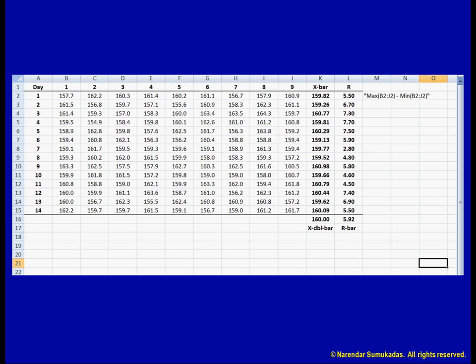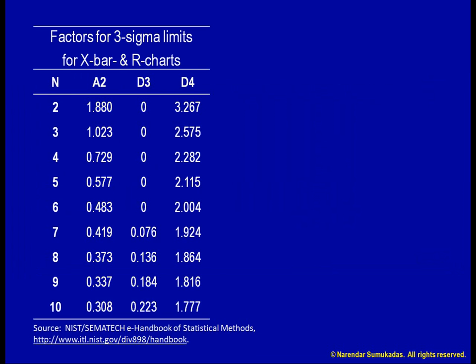For that, I have to refer to these standard tables, which are also given in the textbook. Corresponding to our sample size of 9, I look up three values from the table. A2 equals 0.337, D3 equals 0.184, and D4 equals 1.816.